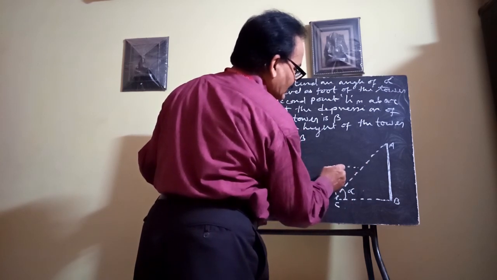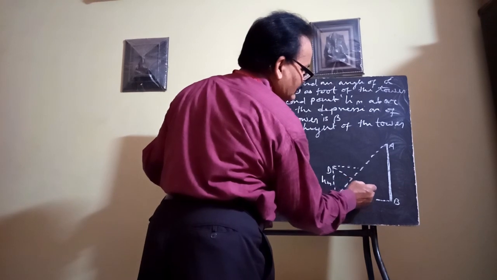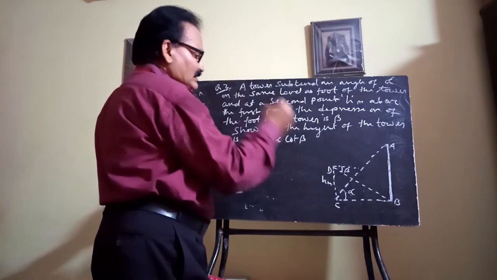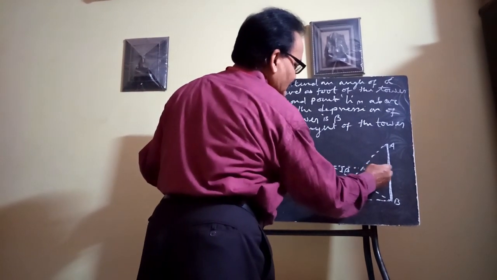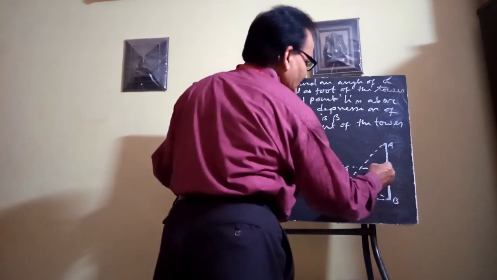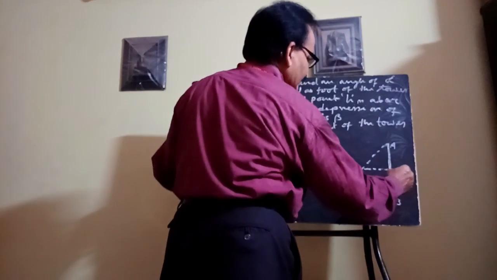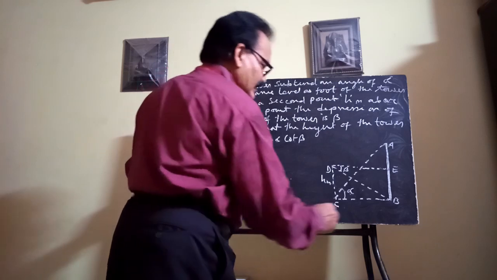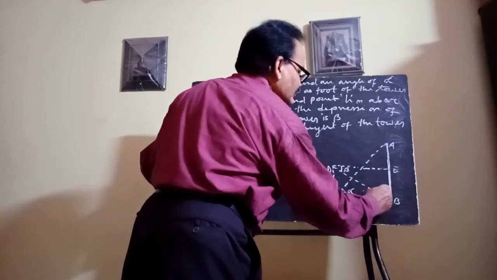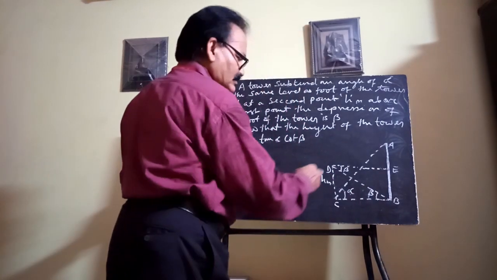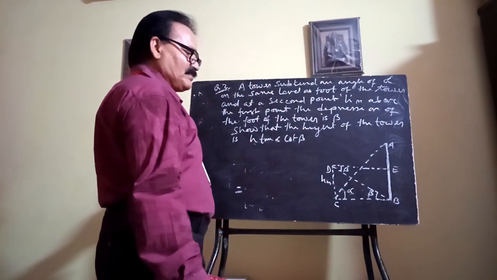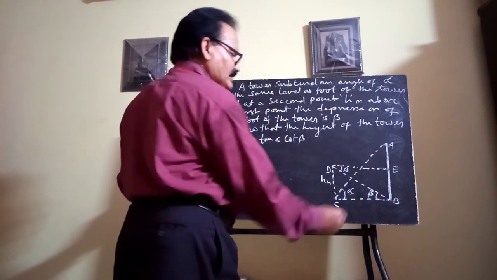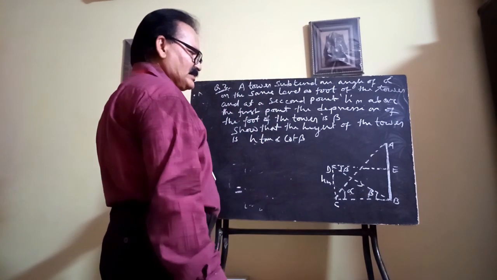So the angle of depression of the foot of the tower is beta. When you join this, say this is E. If it is beta, then this angle will also be beta, because DE and CB are parallel to each other, and BD is the transversal, which is the line of sight for the angle of depression beta. Clear?